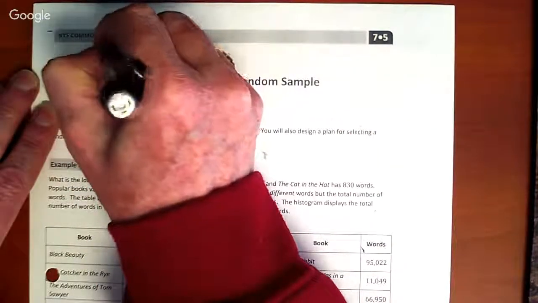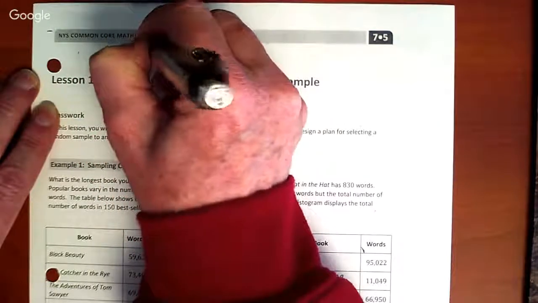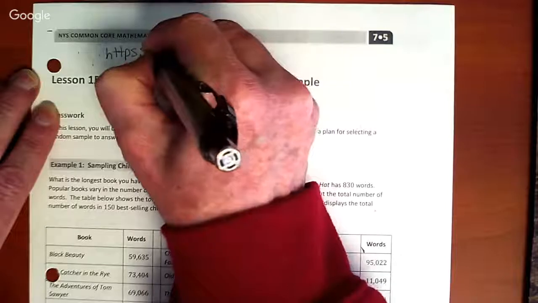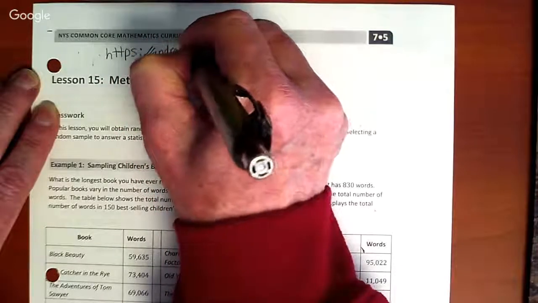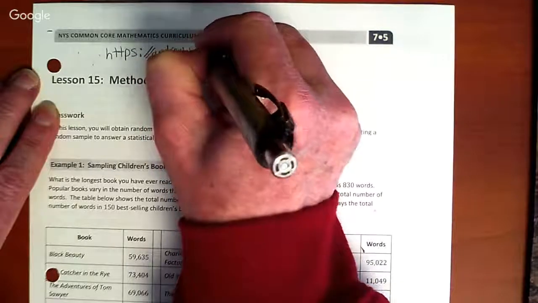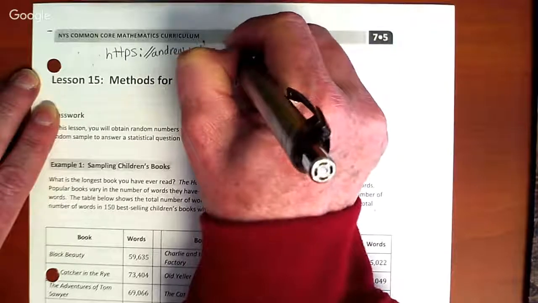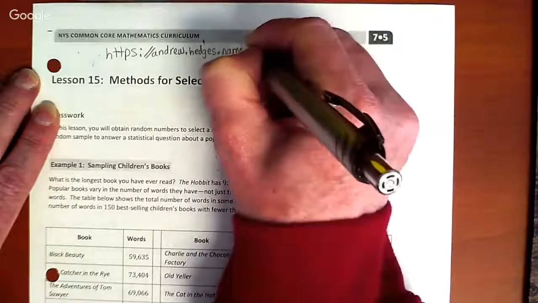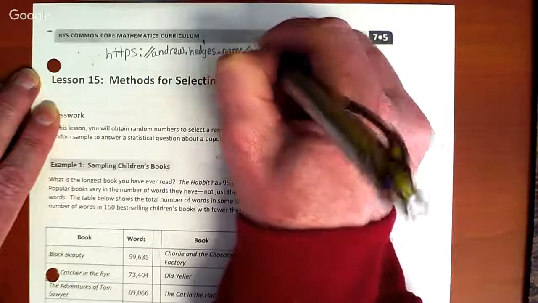It's https:// there we go. Andrew hedges.name/experiment.